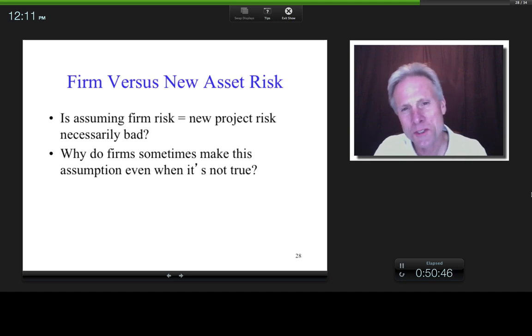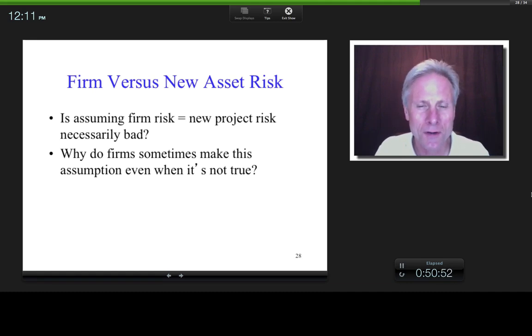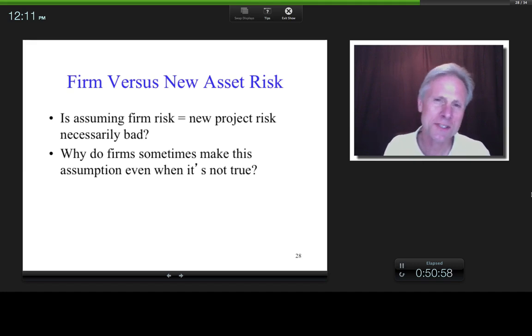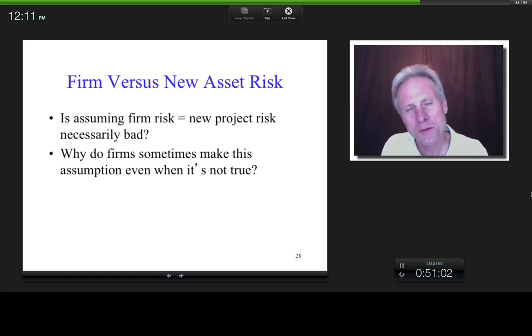Boeing has part of their business in defense and part in commercial aircraft. Well, if you believe those risks are different, when you look at Boeing's stock price and what their bonds are trading for, are they going to reflect a mixture of those risks or just commercial aircraft risk?